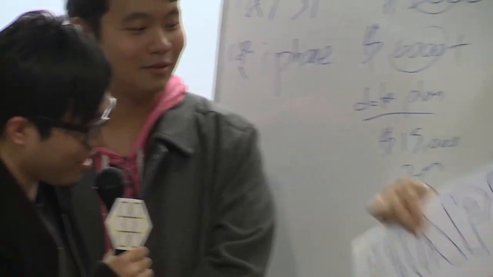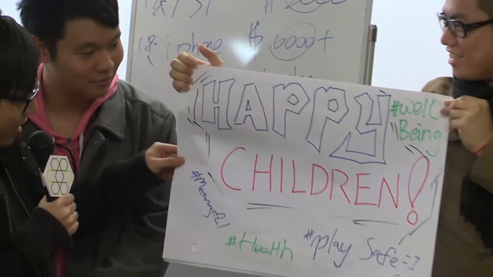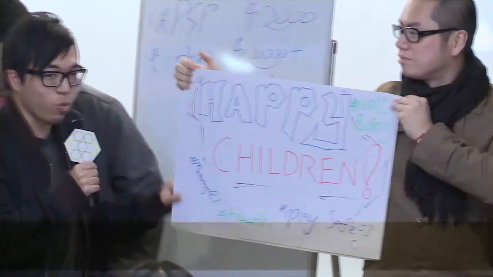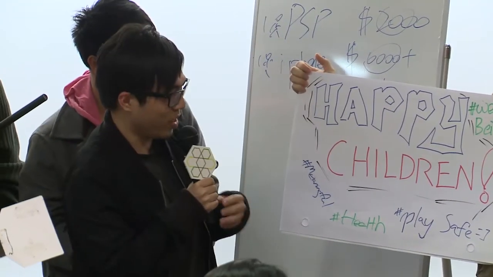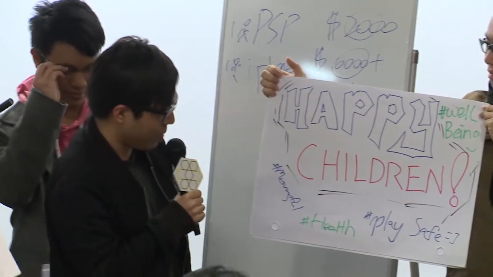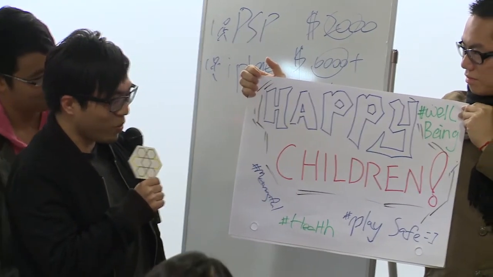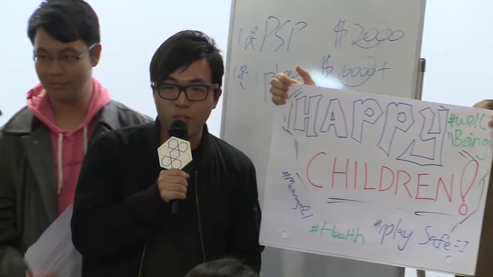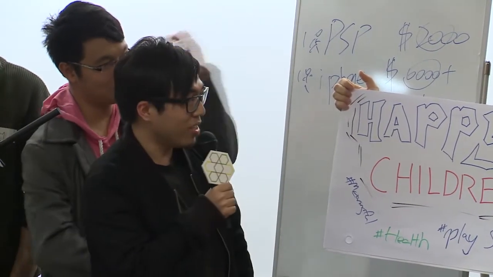Let me talk a little more about our slogan. As you can see from this picture, we are promoting a few characteristics that we want your children to have. For example, we want your kids to be well-being, to be meaningful and healthy, and also to play safe. As you know, a lot of children nowadays don't have the time to play enough.